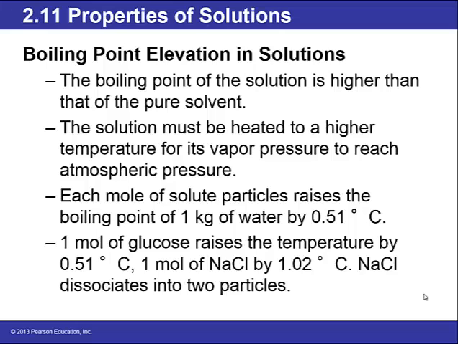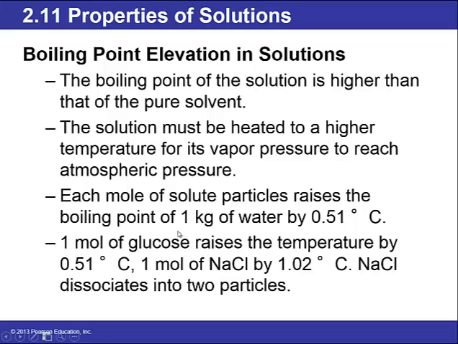So if you put 1 mole of glucose into water, it's going to raise the temperature by 0.51 degrees Celsius. However, if you put 1 mole of sodium chloride into that water, it's going to raise the boiling point of that solution by 1.02 degrees Celsius. It's going to double what you can do with 1 mole of glucose.